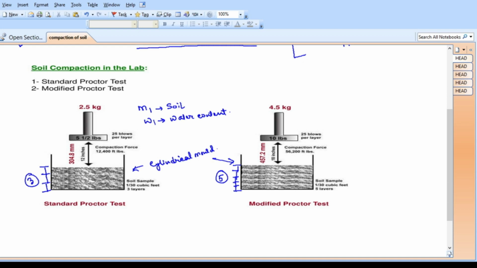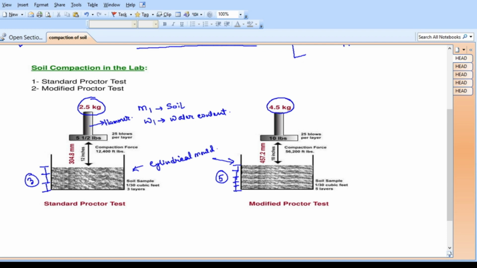The soil mass is placed in 3 layers, and each layer is subjected to 25 blows of the hammer. This is the hammer that we take. In case of the standard Proctor test, its weight is 2.5 kg. In case of the modified Proctor test, the weight of the hammer we consider is 4.5 kg.